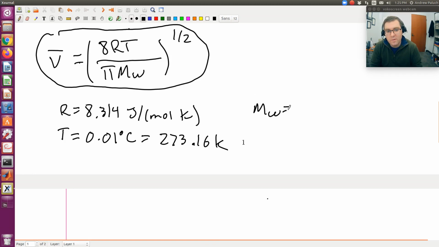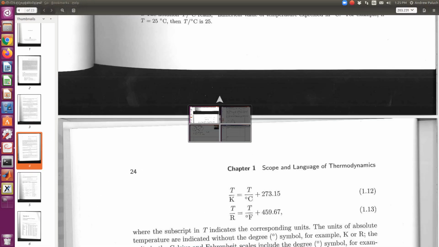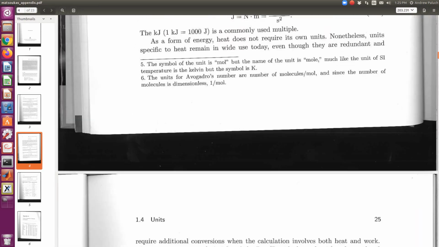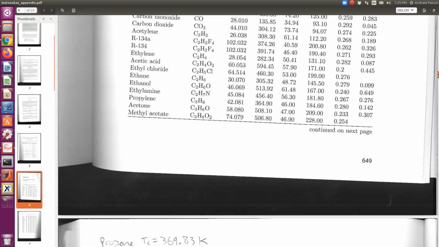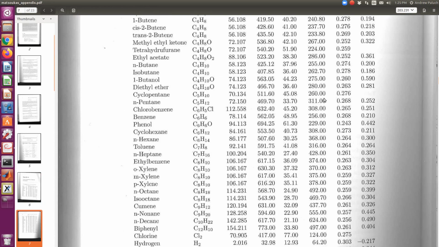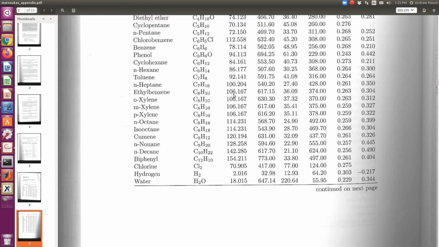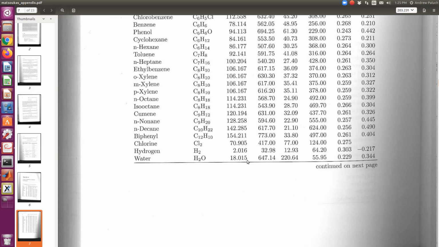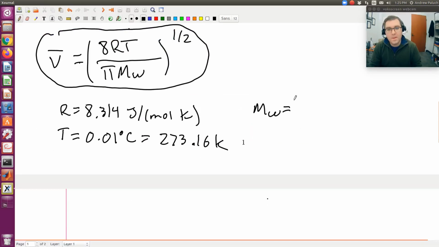Molecular weight of water. Again, water will be in my appendix. The molecular weight's essentially 18. Here, the molar mass, or molecular weight, we're given is 18.015 grams per mole.